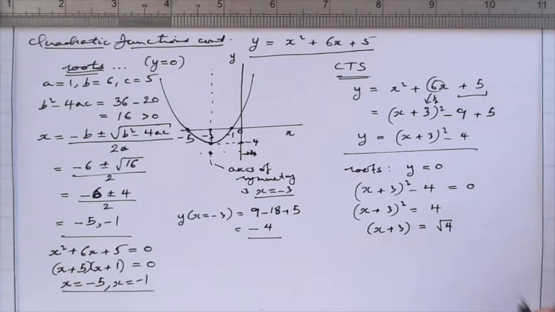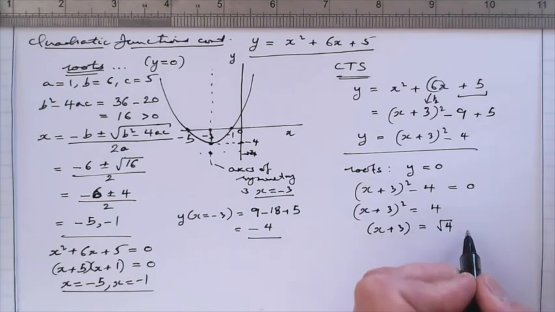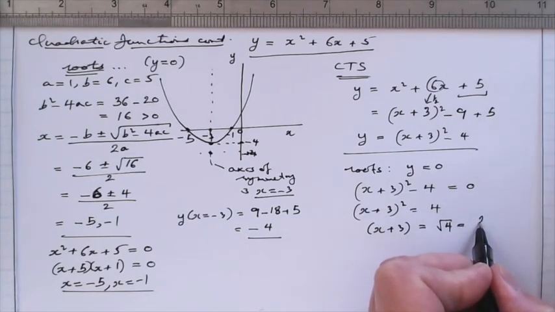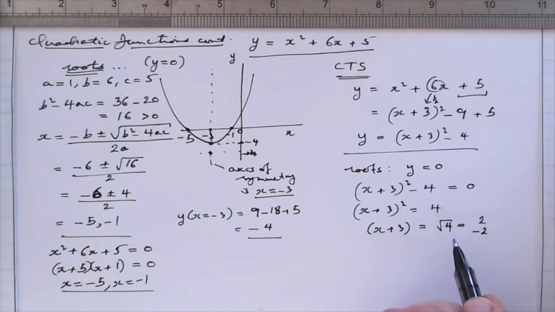And the square root of 4, it's very important to realize, has two values. It's either 2 or it is -2, because the square root of 4 literally means that number which when squared gives 4. And there are two values of this. One is 2 and one is -2, because either of these when squared gives you 4.